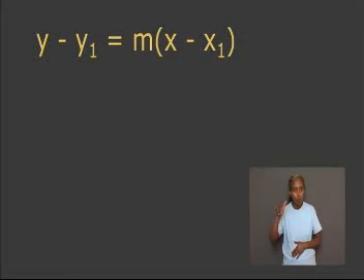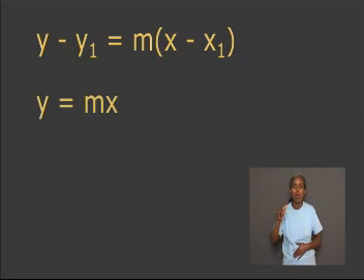Y minus y1 is equal to slope times x minus x1. When the line passes through the origin point, the equation is simply y equals mx.